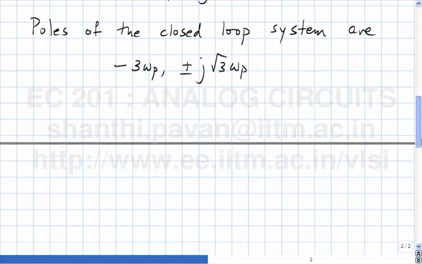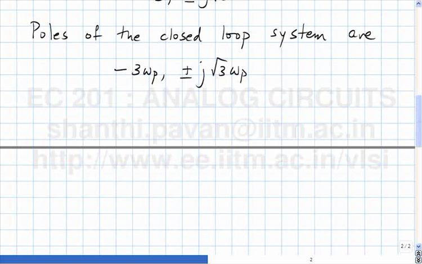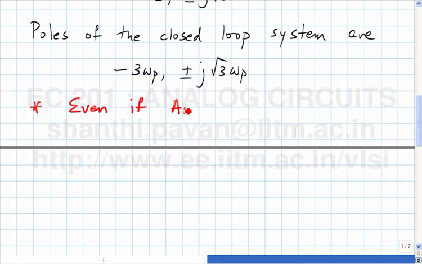The conclusion is that even if A naught F is as small as 8, the system is unstable. What do you think happens if I increase A naught F further?